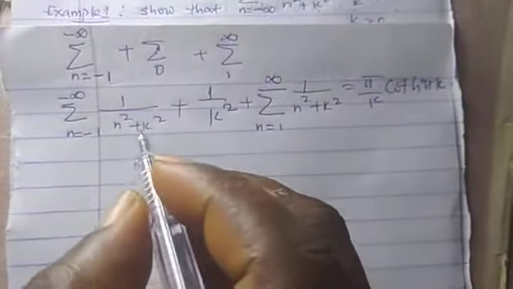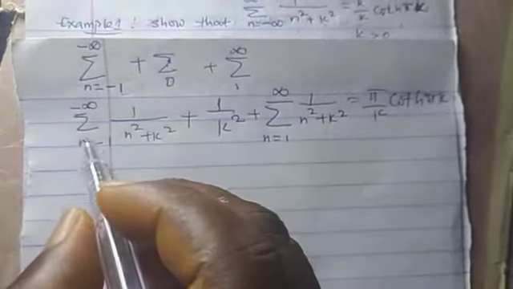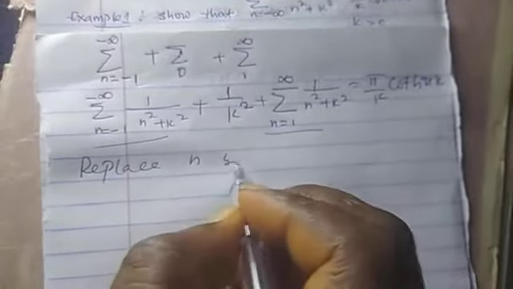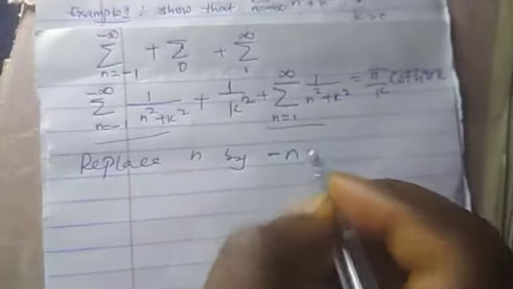Now from this place, we want to find a way of making this the same thing as this. So it's very easy. We only need to replace n by minus n. That is, anywhere you see n, we write it as minus n.